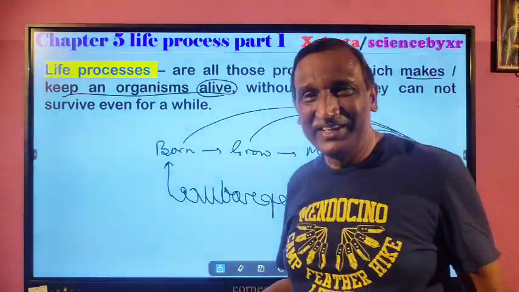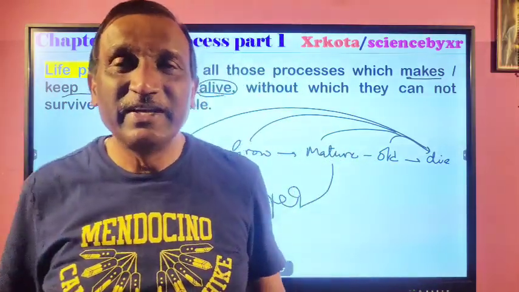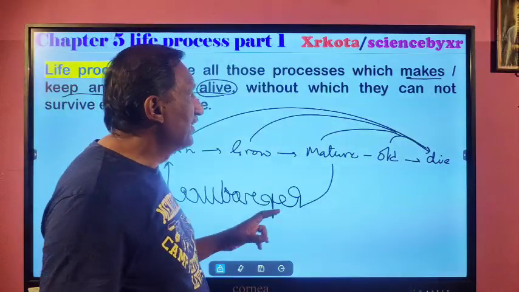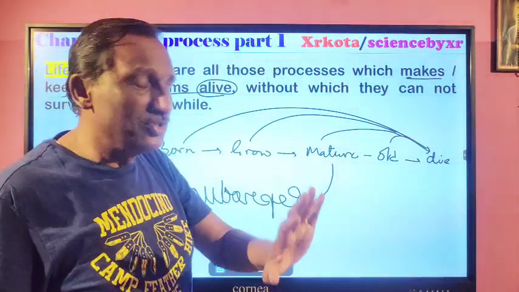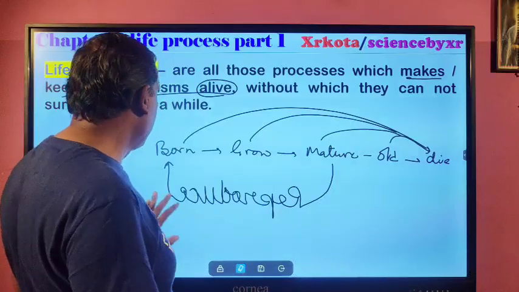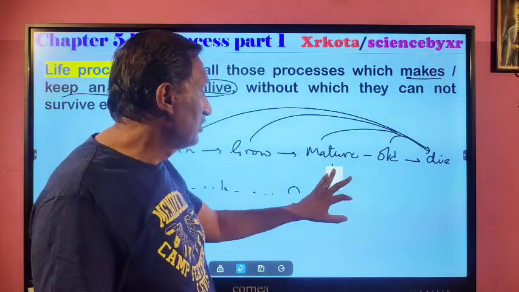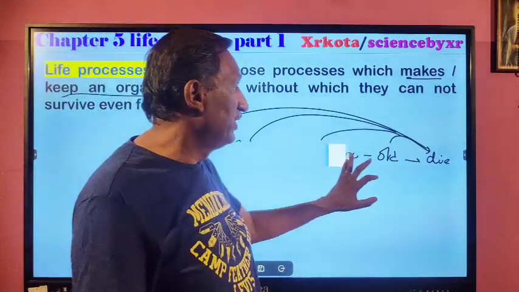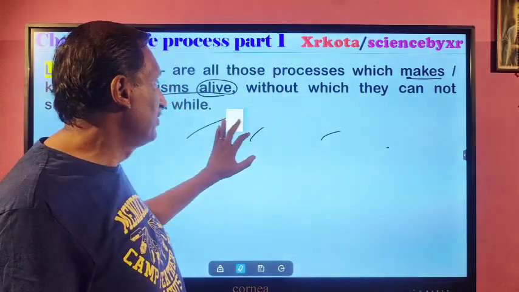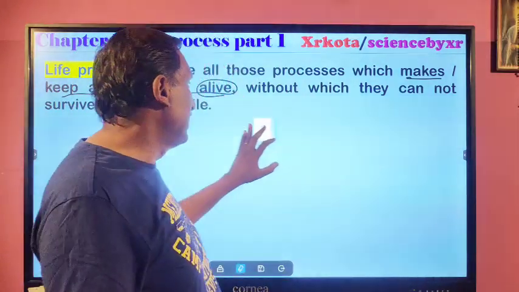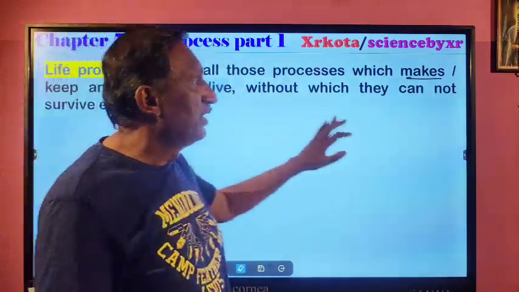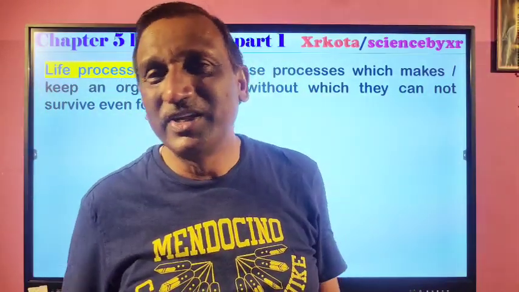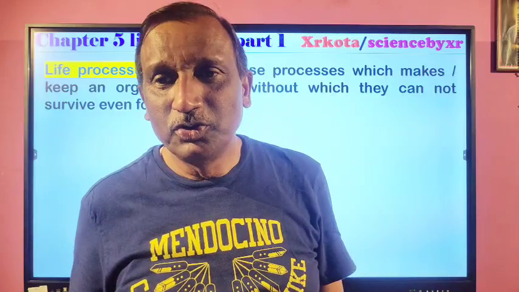Reproduction is not making somebody alive. So these properties can come and they can go, but life processes are continually going on. Reproduction is a very unique property, and it also adds to another property of living beings, that is, a definite life cycle. Only living beings have a definite life cycle. Non-living things will not have this type of life cycle. Non-living things do not give birth, they do not grow, they may turn old. We say, this car is old, but that is not the same, and they do not show natural death.